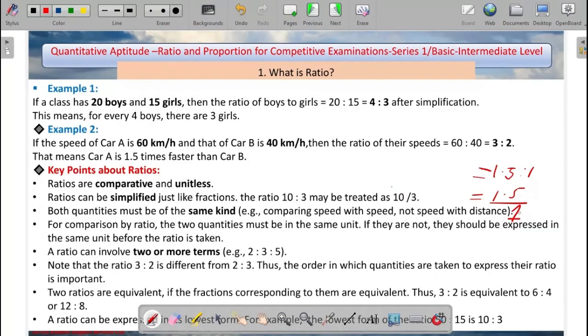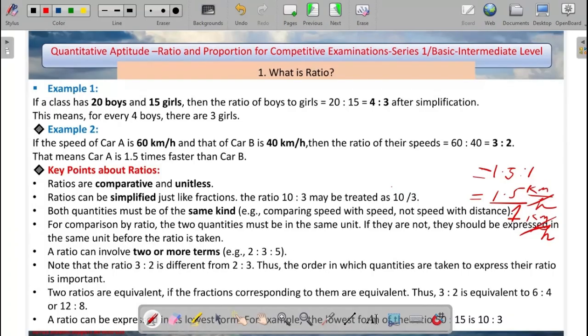And for comparison of a ratio, the two quantities must be of the same unit. So here, when we compare the speed, both should be kilometer per hour, and finally the units get cancelled out, and then it becomes unitless. A ratio can involve two or more terms.